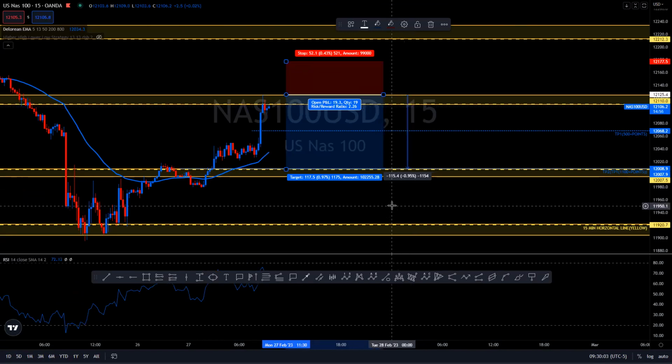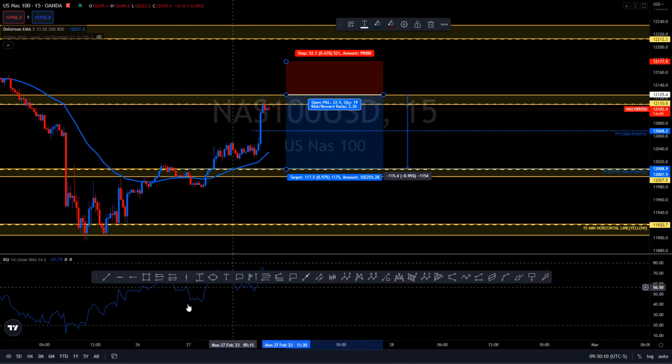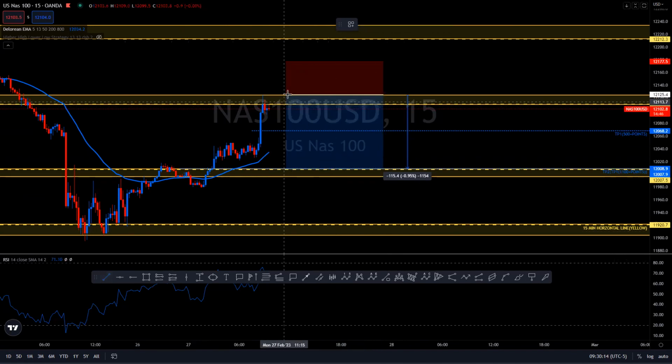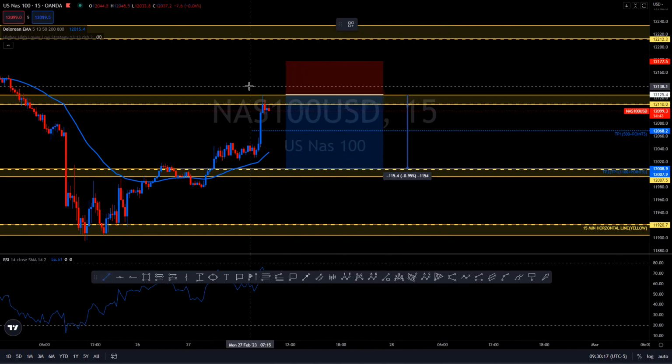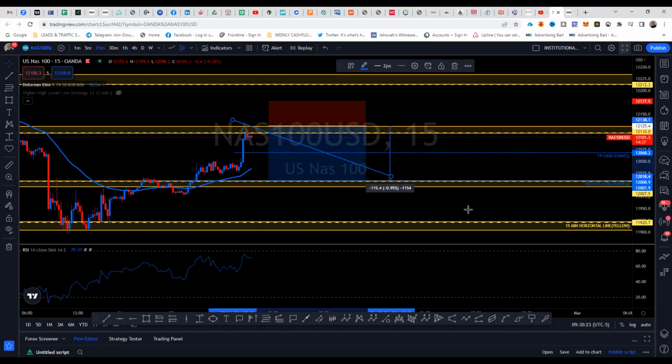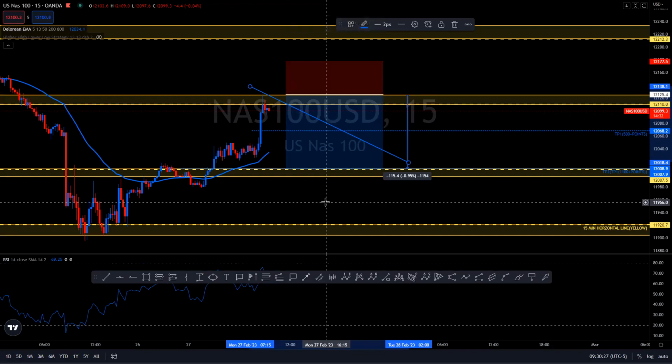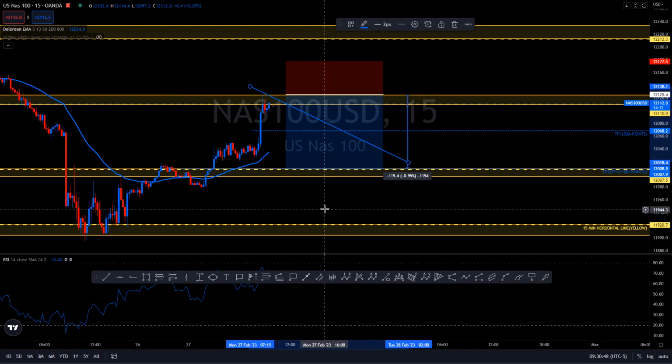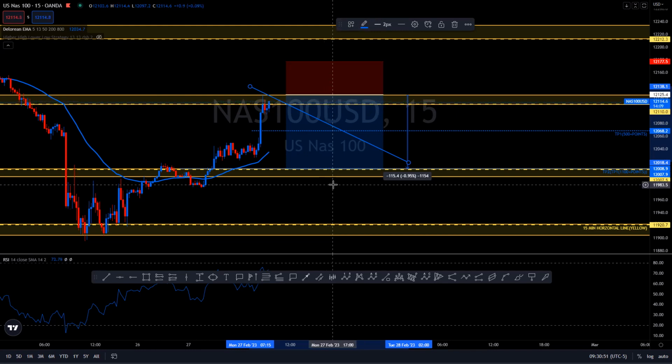9:30 candle about to close. Let's see. Looks like we might be against this supply zone. Was buying.